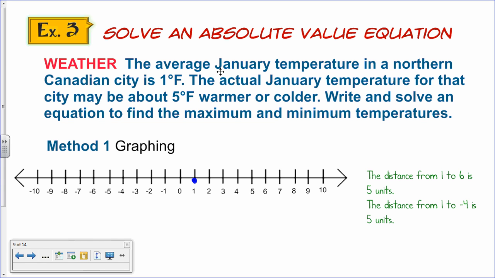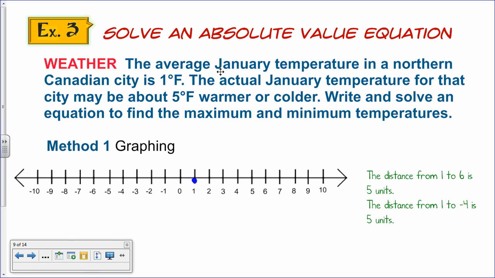Method 1, write this down. We can graph it. Okay, now, what did I say about absolute value? What is it? Positive. It's the distance from 0 or distance from a particular number. What's the particular number that they give you right here? 1.